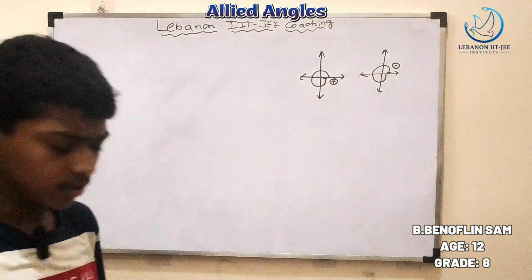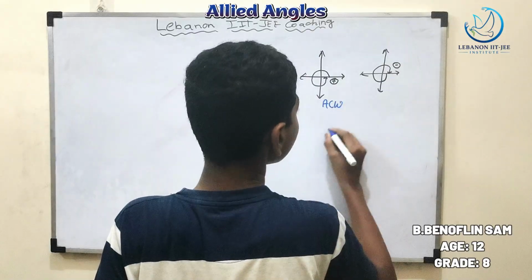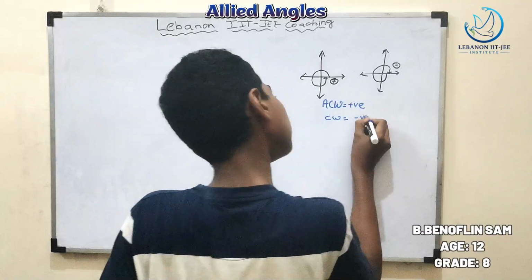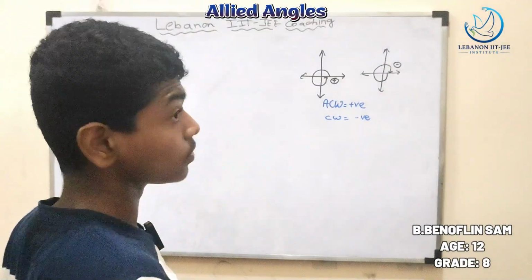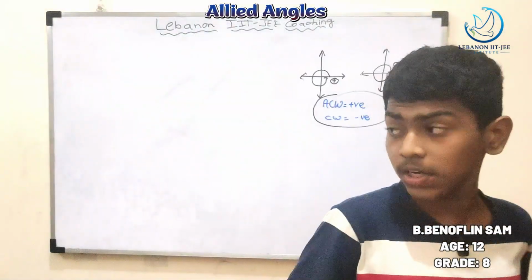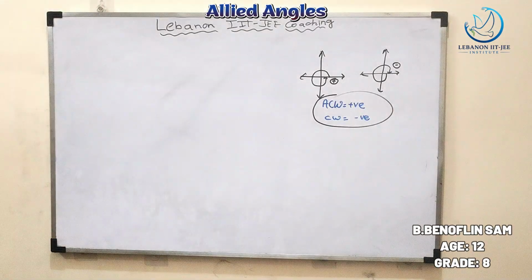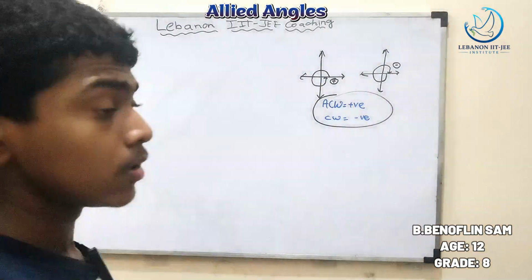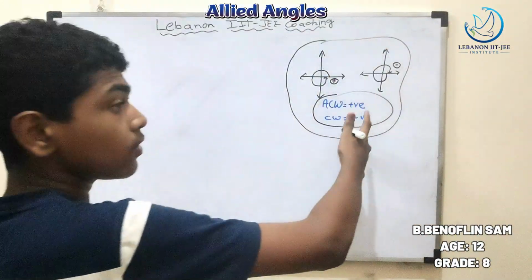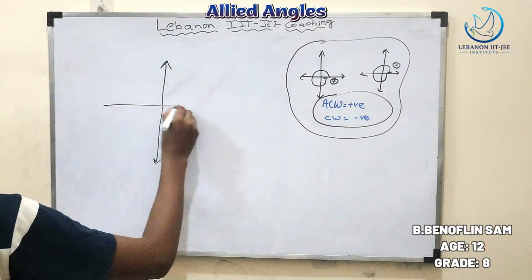What you understand here is that anticlockwise is positive and clockwise is negative. That's why it is set like this only. So that's why it was formalized like this. We'll leave it here itself. In the next page I'll rub this one, and I'll tell the sign conventions.